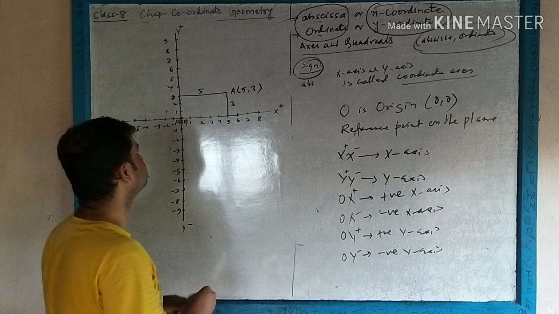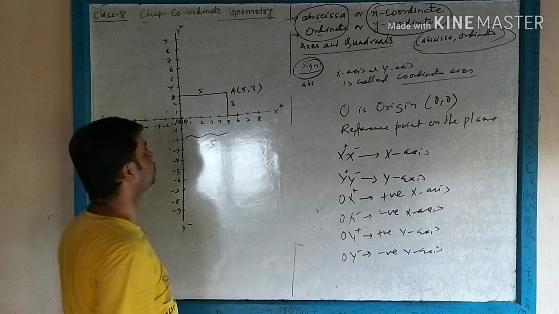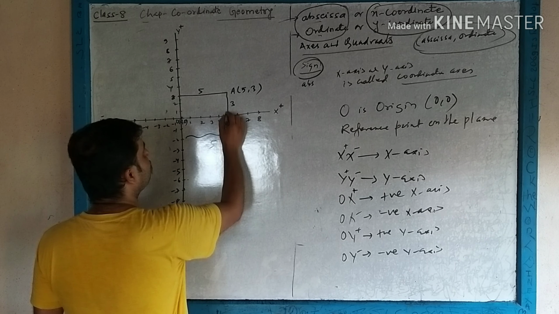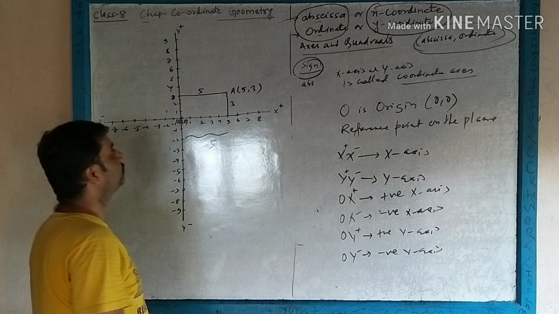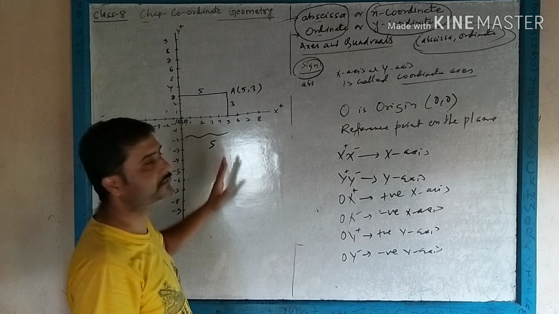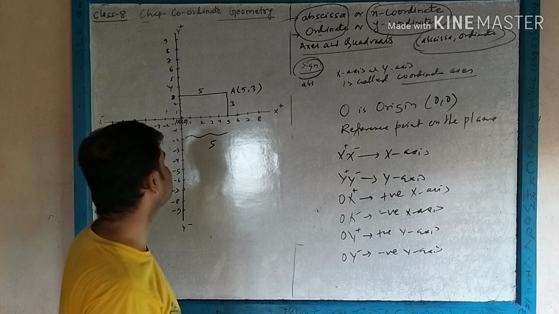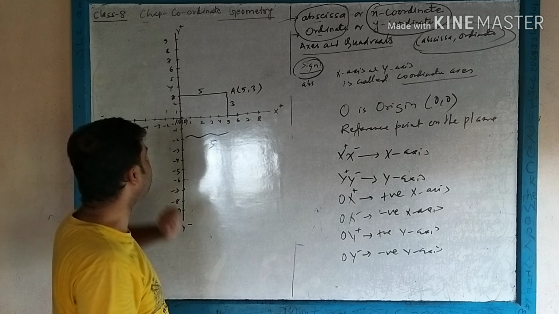From here to here is 5 and here to here is 3. Now you try to understand.